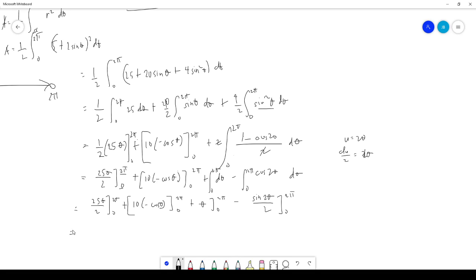Okay, so now let's change the values of theta into the limits. So 25 times 2 pi all over 2, minus 0. Obviously this is 0.